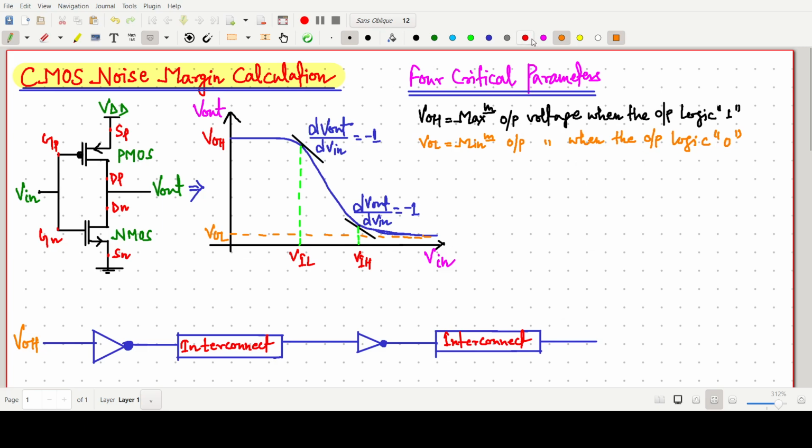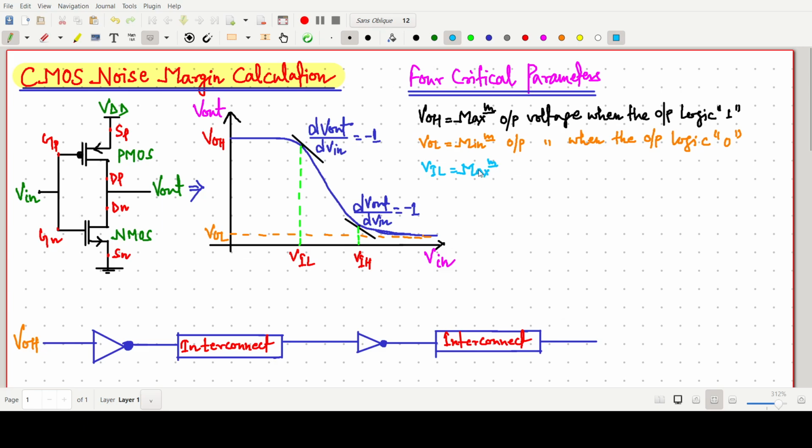Now the other parameter is VIL. For VIL, we can write maximum input. Why I am writing maximum, I will tell you.